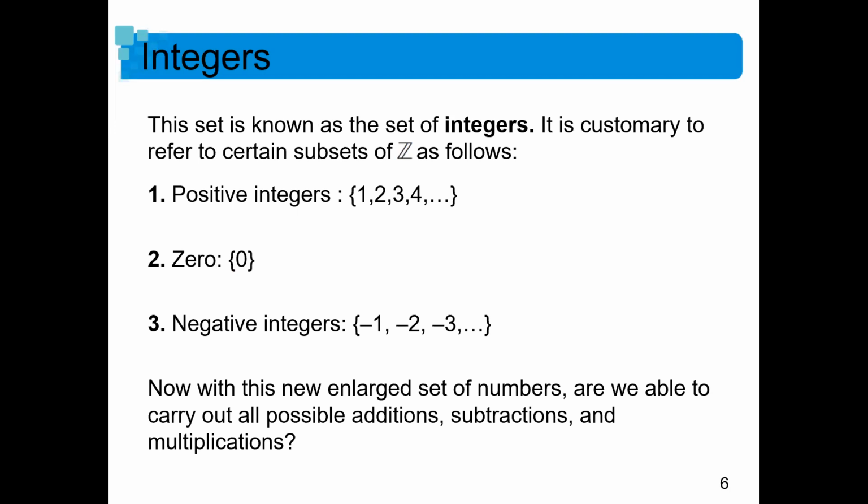It is customary to refer to certain subsets of Z as follows. So we have the positive integers or the natural numbers or counting numbers, 1, 2, 3, 4, and so on and so forth. Then we have the 0, and then we have negative integers, negative 1, negative 2, negative 3, and so on and so forth.